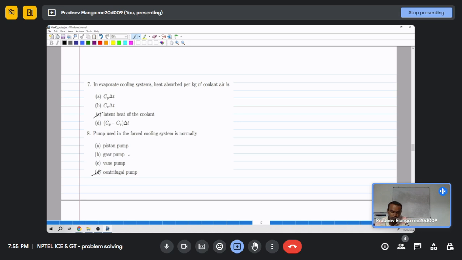A gear pump is used for oil, and sometimes a vane pump is also used for oil. A piston pump is used for fuel, as we saw earlier, like plunger and parallel.